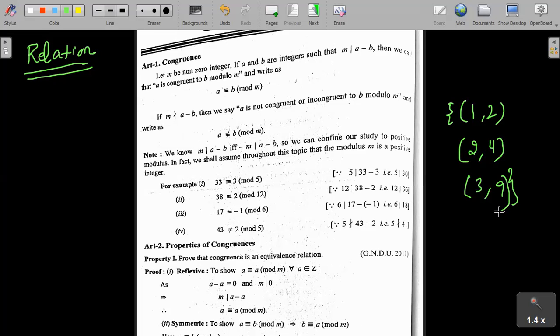So let me say this is set S. So I will say any x and y belonging to S is related as y is nothing but x square.